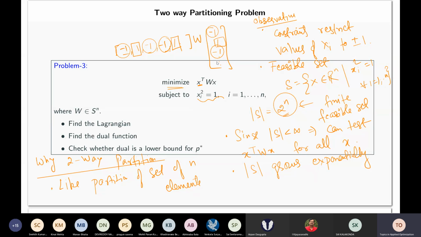So which partition should I have more minus and which plus? That is why it can be seen as a two-way partitioning problem.